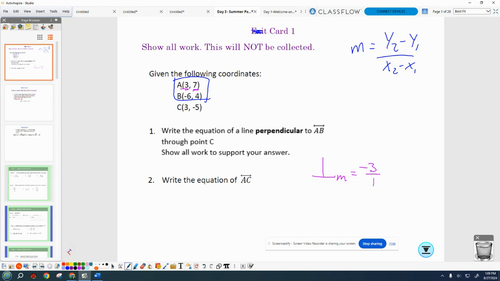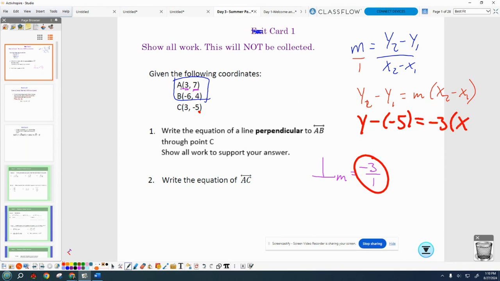This is actually a benefit. Right here in the slope equation that I was told earlier, I'm going to cross multiply. This is an equation of a line, and this is where I want you to stop. So it's y minus the y value of my coordinate. The y value of my coordinate is -5. Equals the slope, that perpendicular slope that we found, times x minus the x value.